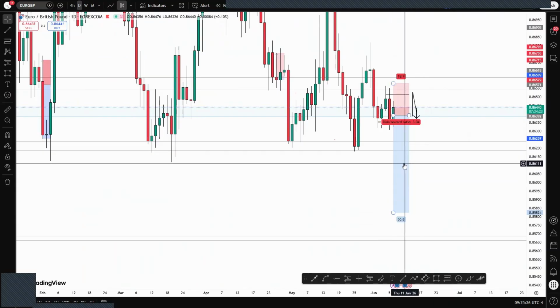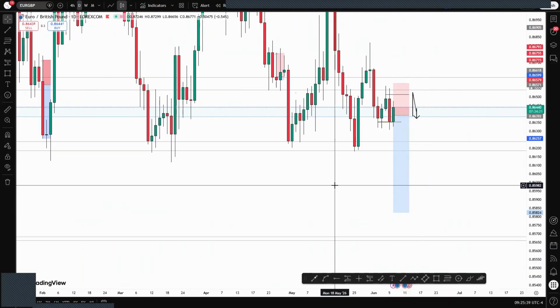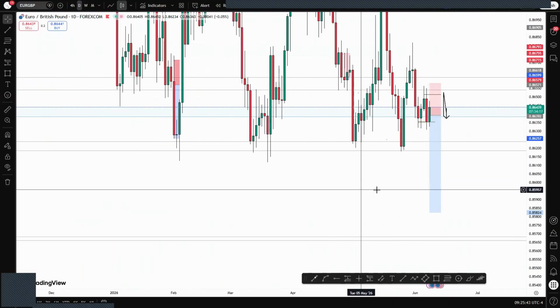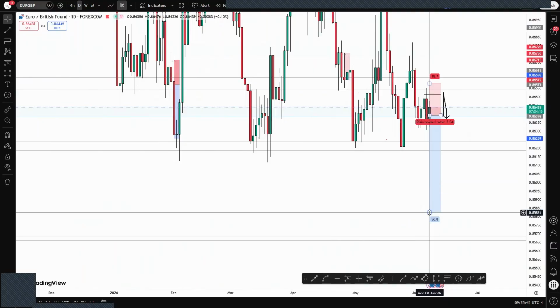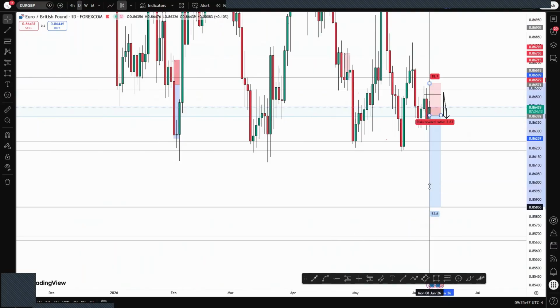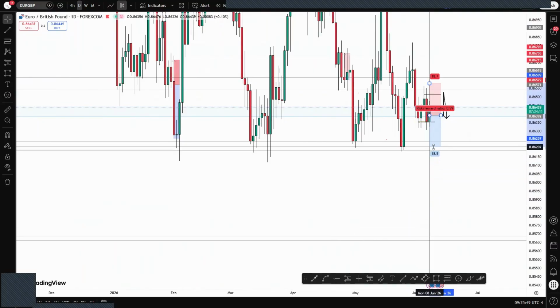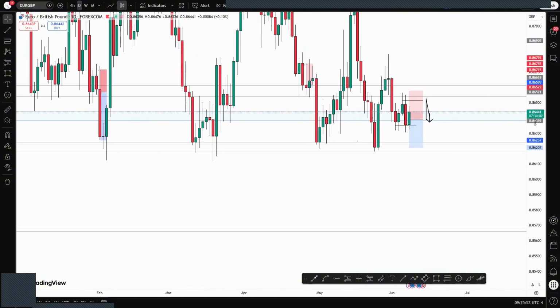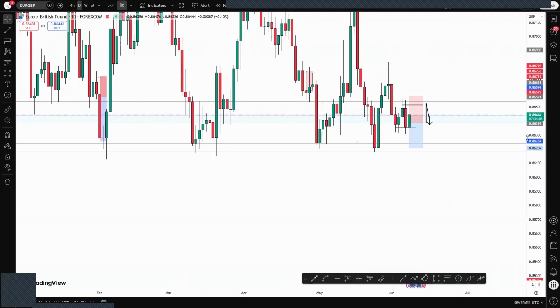But it's just us trading off uncertainty. We don't target the take profit just because we want price to reach there. We use logic behind it, because this is the lowest one.